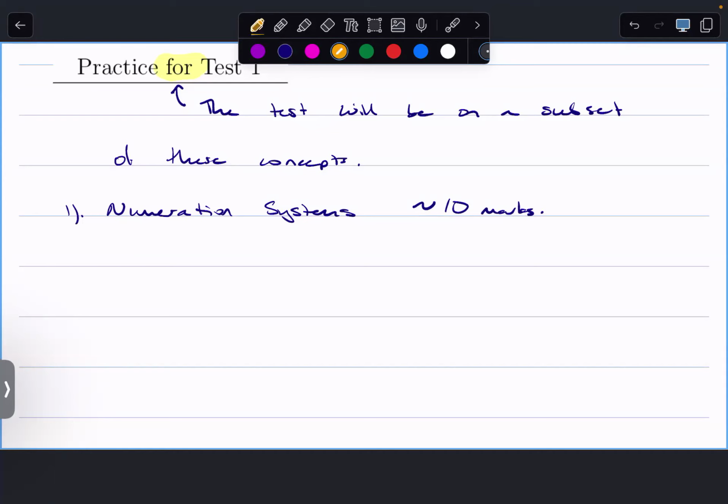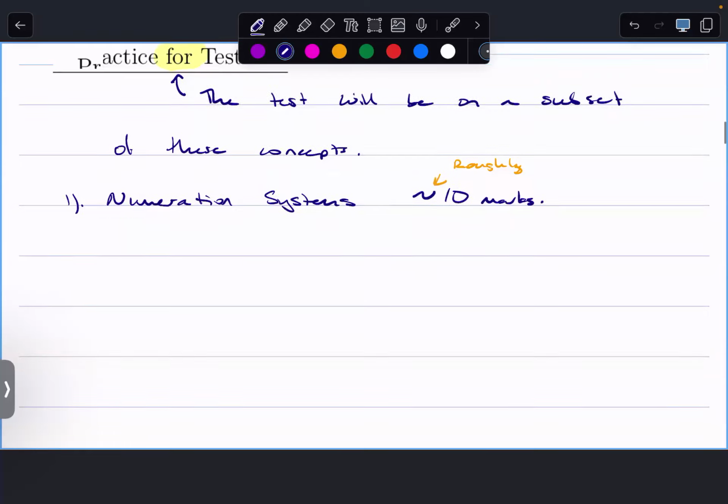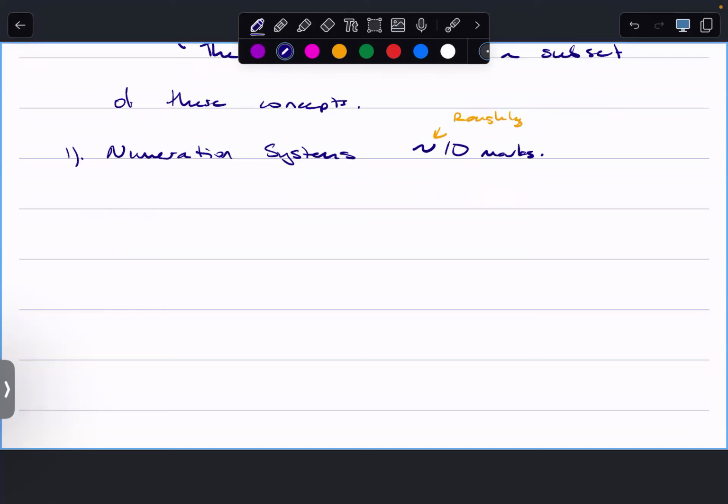So roughly, right, I haven't committed, I haven't pressed print quite yet, so I can still change my mind. But I like to do an approximation. What did we do?